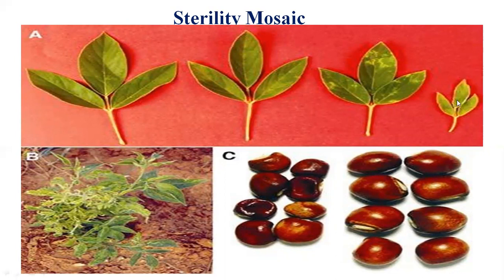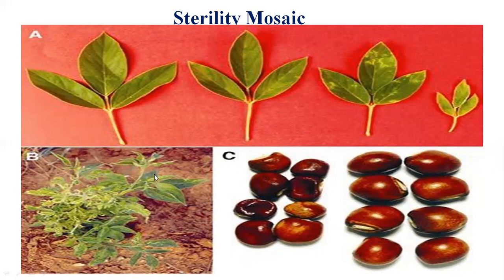So destruction of the leaves and heavy drying, means complete disturbance in the physiology of the plant. So this kind of symptoms occurs in the case of the leaf. Next, you can see at the bottom the B image, second image, the reduction in the size or the canopy of the plant, that is the destruction or dwarfness of the plant sometimes.